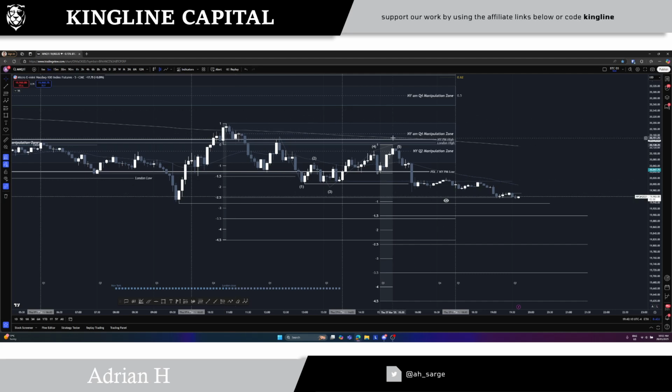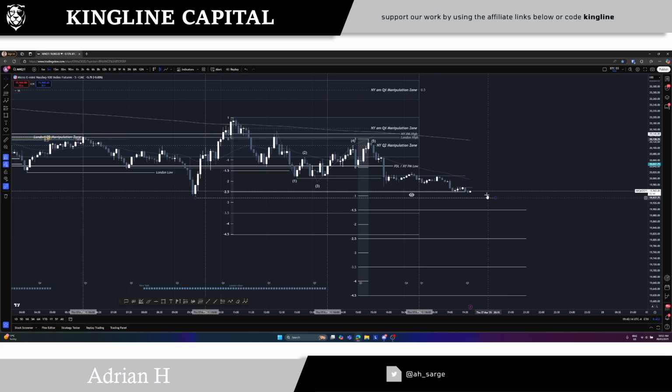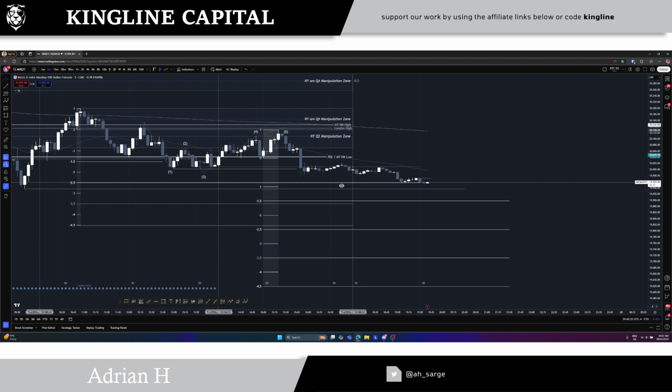So we can look at if we are going to get redistribution through here after that SD 2.5, we could actually see a raid come in during Asia. We can do a count here as well. So after this break, we've got 1, 2, and we've now broken this low. 3.